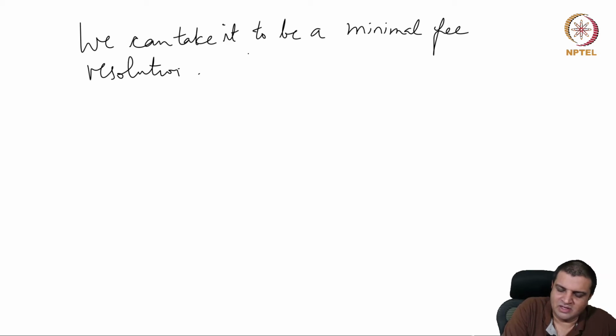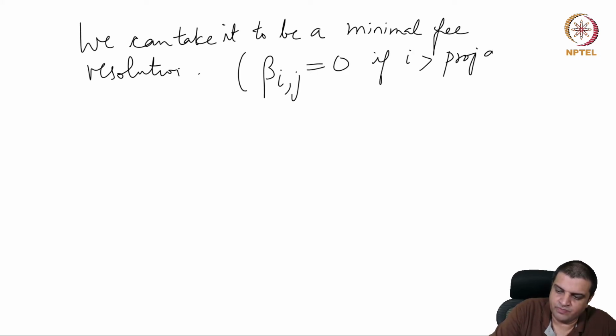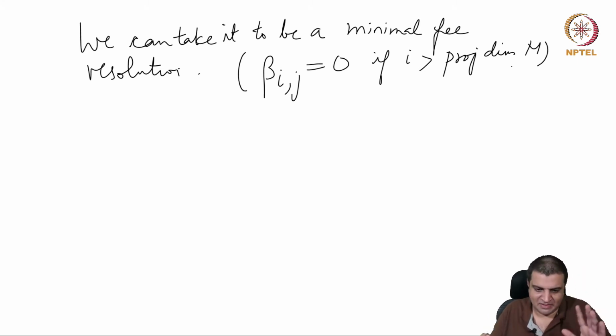Remember beta_{ij} is 0 if i is bigger than the projective dimension of M. So we can still treat it as such.